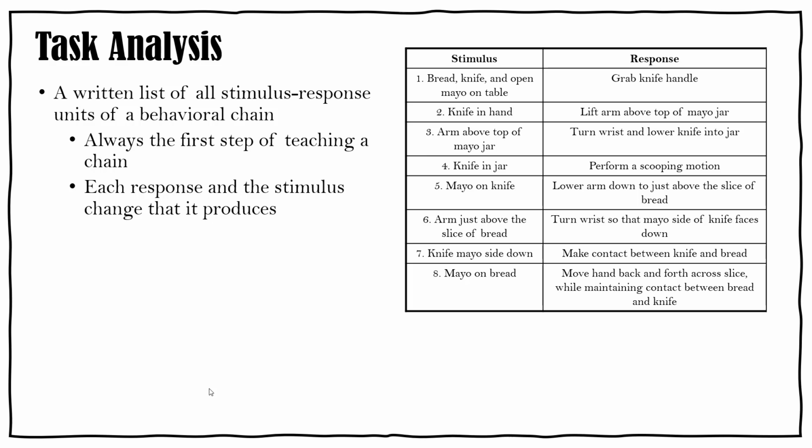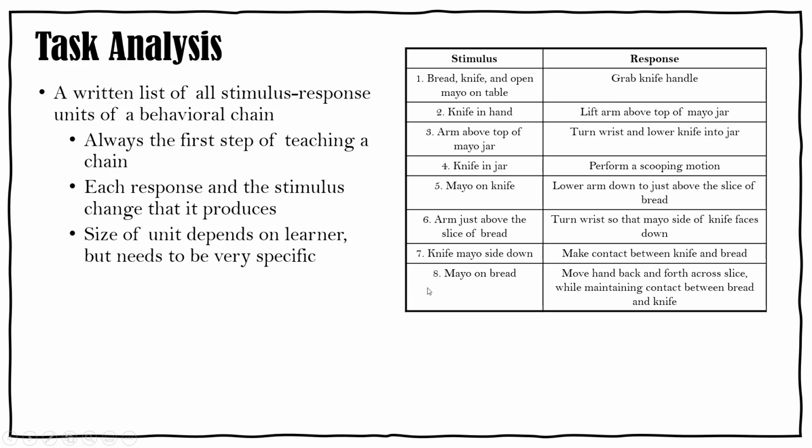You want to do your task analysis, so map out each step, each task that is involved in that complex skill. The size of the unit depends on the learner. If you have a lower-functioning learner, you might have lots of different steps in here, whereas if you have a learner that's more advanced, you might be able to combine some of these steps and only have a couple of steps.